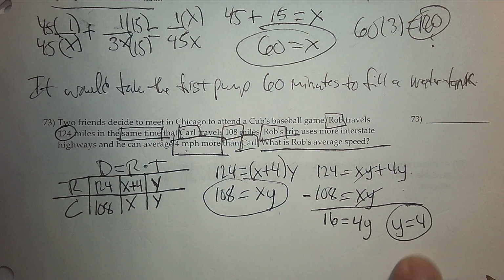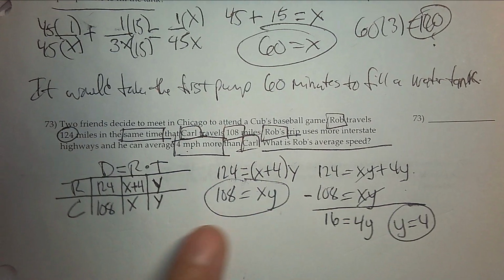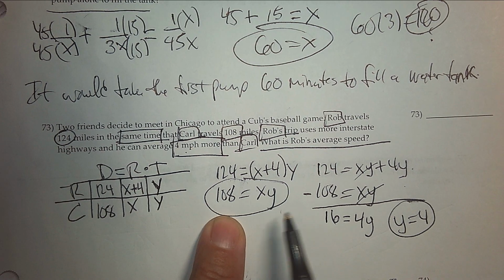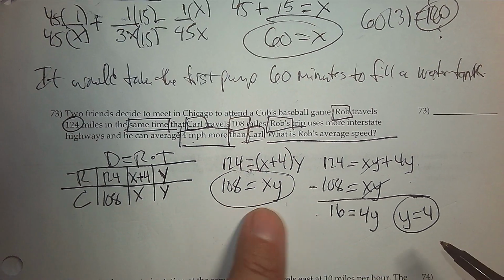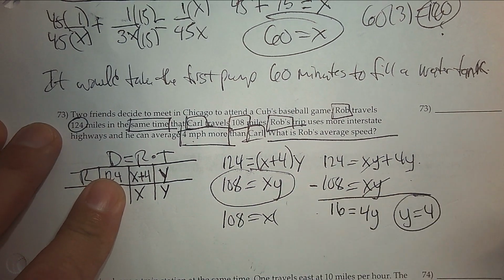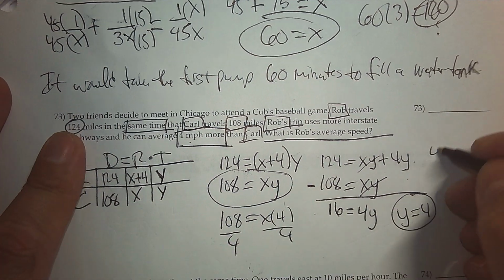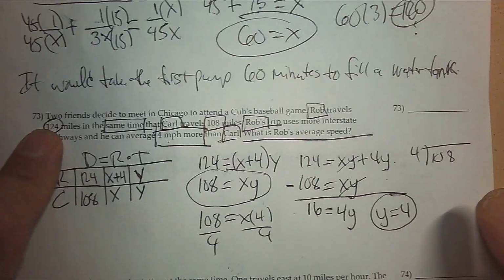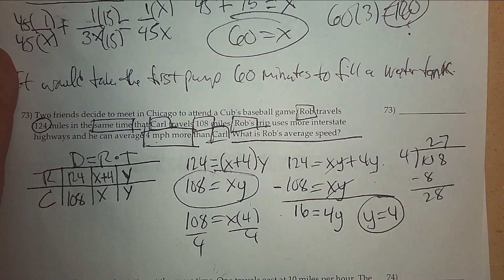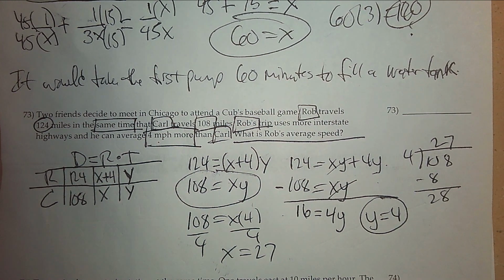So in other words, I'm going to take the answer. I can go to either one, right? So if I can go to either one, I'll go to this bottom one. Where there's a y, what number am I going to put in? 4. And then I'm going to divide to get x by itself. 4 goes into 108. How many times? I got 27. You had 27?